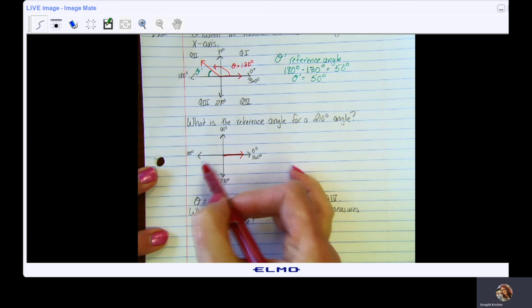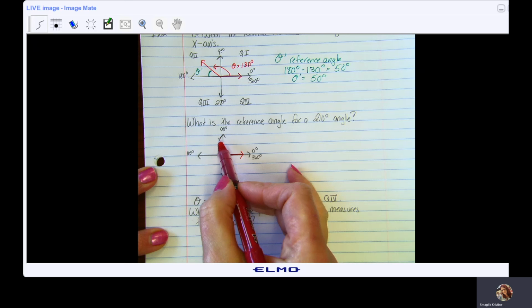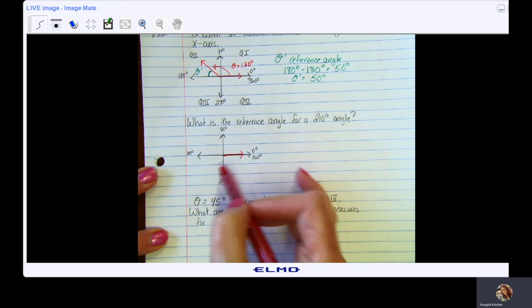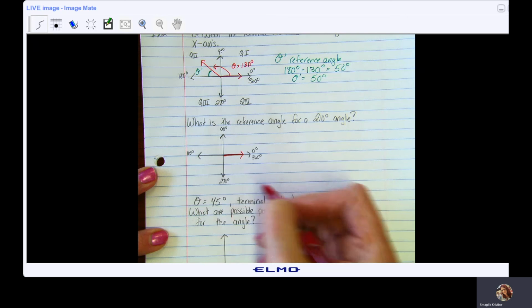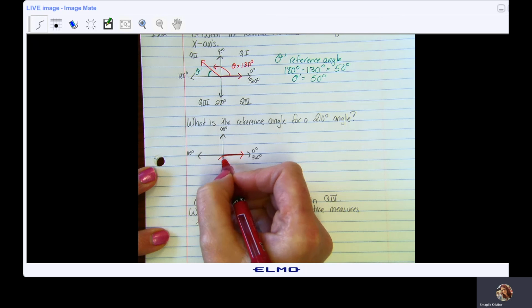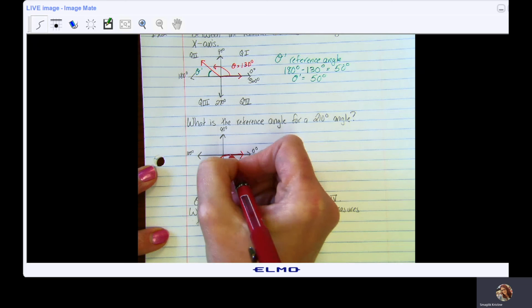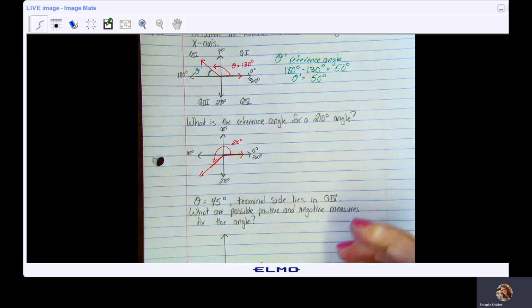And so now I got to figure out where my terminal side is going to be. So if I'm at 90 degrees, 180 degrees, 270 degrees. Well, 210 is going to be between 180 and 270 degrees. So I'm going to put it in here. So here, we're going to say is 210 degrees.